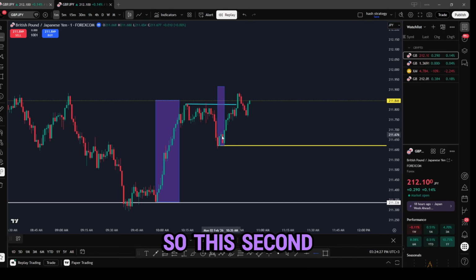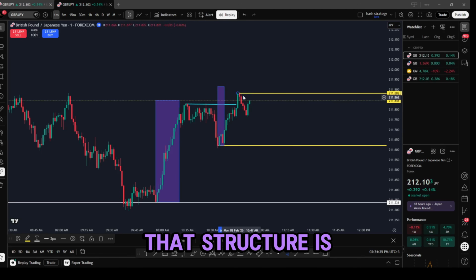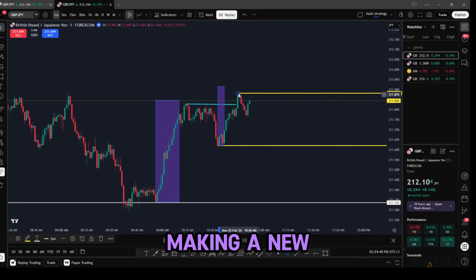Okay, so this second impulse or trend is also forming another higher high. So you're seeing that structure is being respected, because price is making new higher highs. What does that mean? The buyers are ready to push the market to the upside.